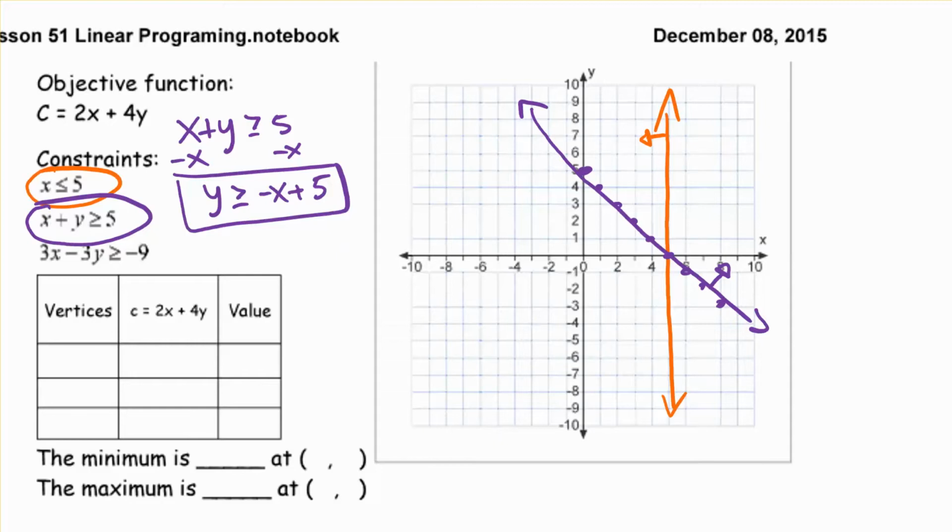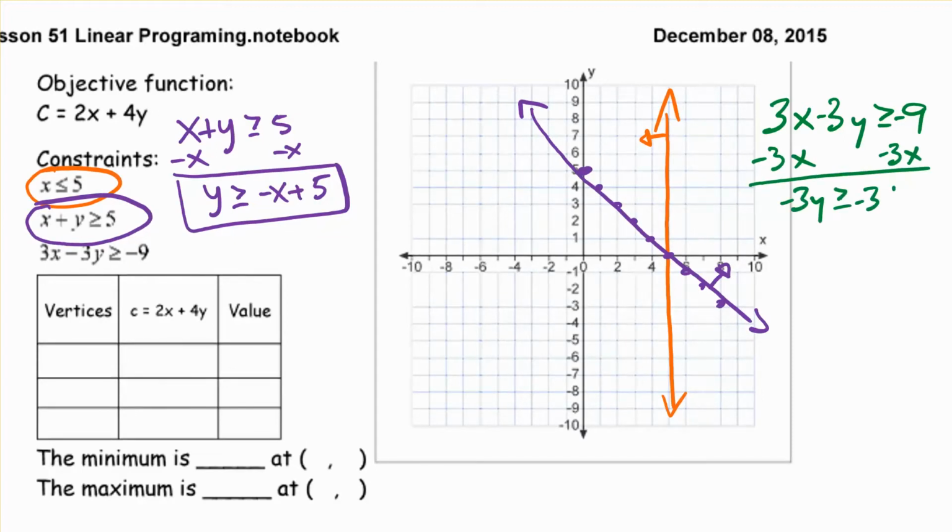Our next equation, 3x minus 3y is greater than or equal to negative 9. This is going to take a couple steps. We need to subtract 3x. Negative 3y is greater than or equal to negative 3x minus 9. Divide everything by negative 3, and we get y is less than or equal to, because when we divide by a negative we need to reverse the inequality sign.